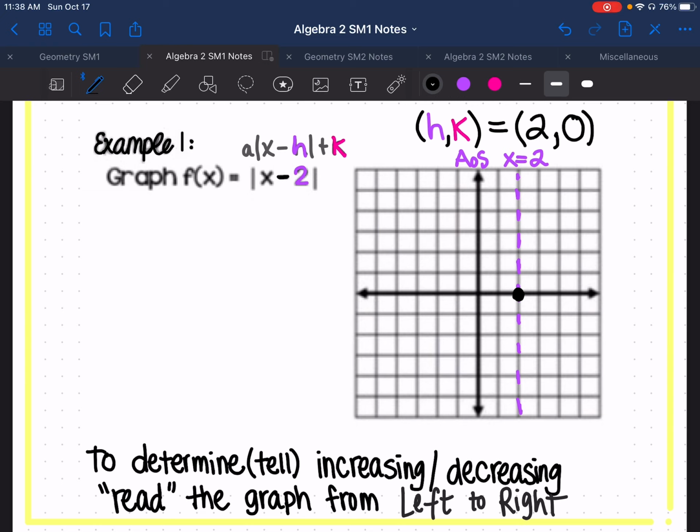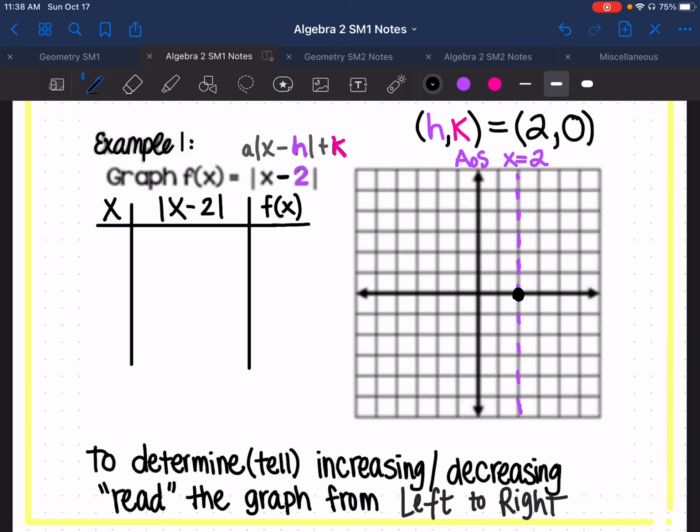And now let's just figure out what the other points would be. So I'm going to go ahead and make a table. And honestly, could you get this from the calculator? You sure could. I'm just going to go ahead and show you by hand because I don't have the fancy calculator here in the video.